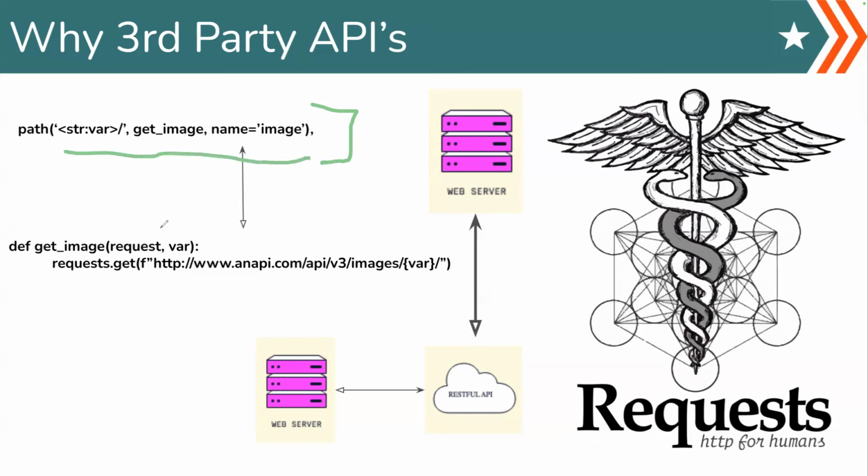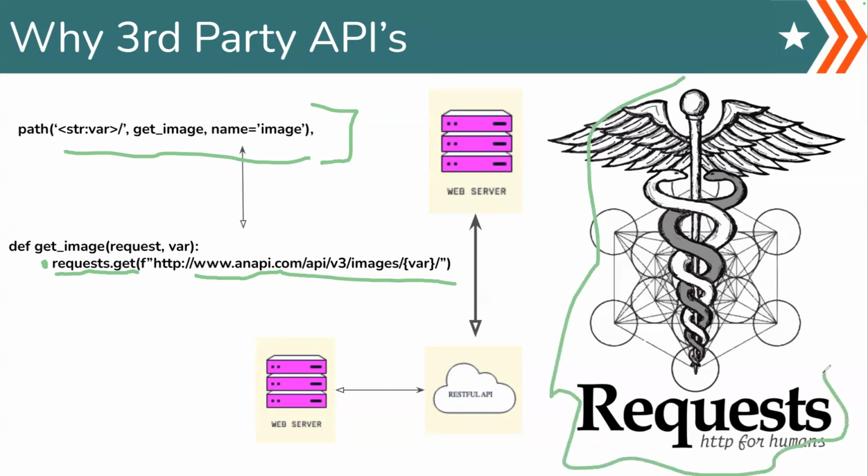But maybe that view function that we've been learning about is going to use this Python requests library that we'll use in a bit to make an HTTP GET request to some third-party API to get their data, right? And in fact, this massive, beautiful diagram over here, requests for humans, in a little bit we'll be using it. And in many ways, it's similar to Axios, but for Python.